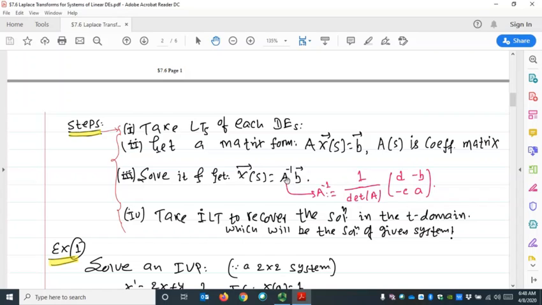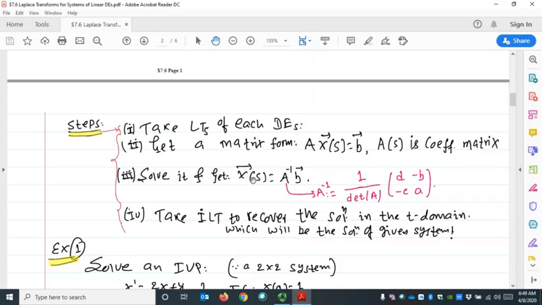And to compute the inverse, here's a formula for matrix A equals [a, b; c, d]. The inverse is 1 over the determinant of A times this matrix that comes from the matrix A. So here diagonally we switch the positions, and this diagonally we switch the sign. So this is coming from our coefficient matrix A.